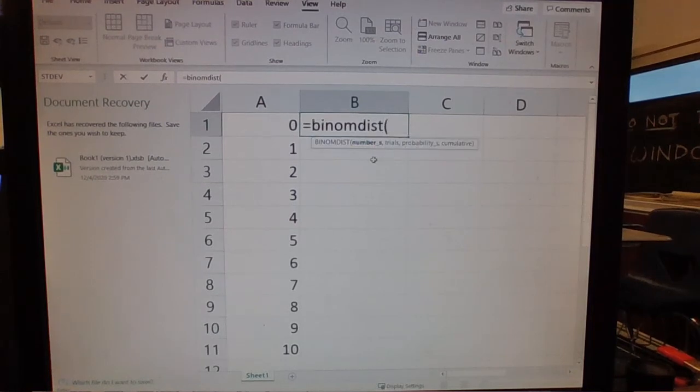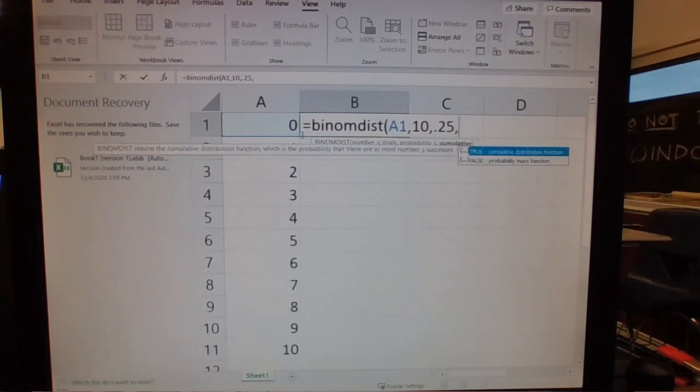Number of successes would be 0 here, or A1. Then it says trials. We're going to do 10 trials, because there's 10 questions. The probability of a success on this question was 0.25, because it was multiple choice out of 4 options. And then I'm going to go false.